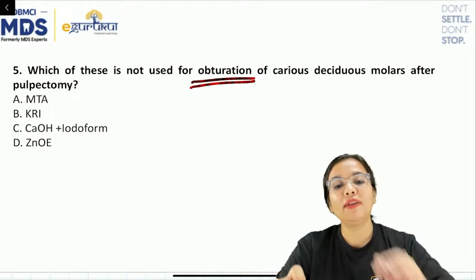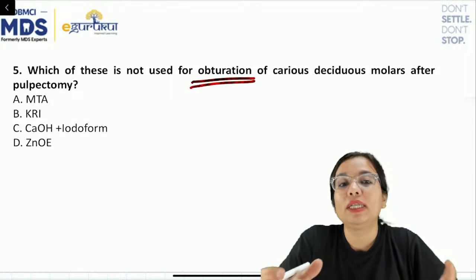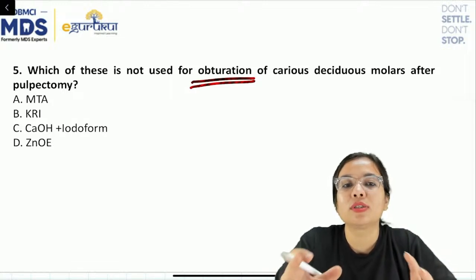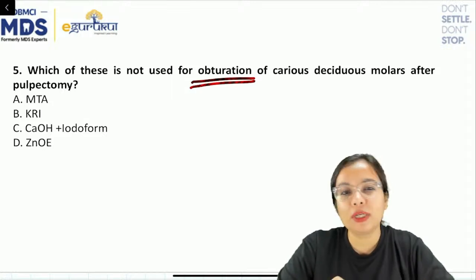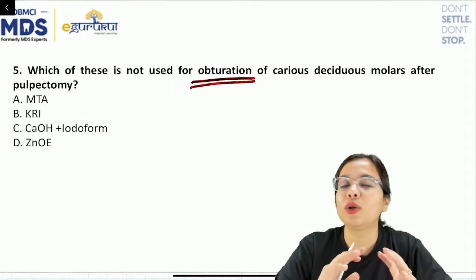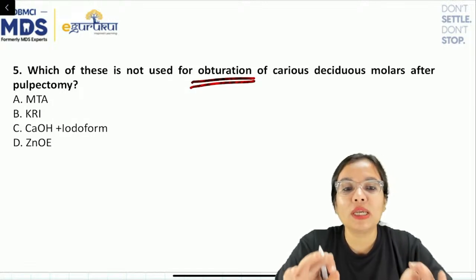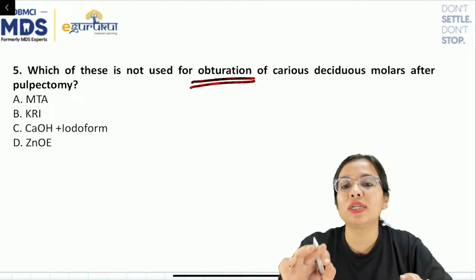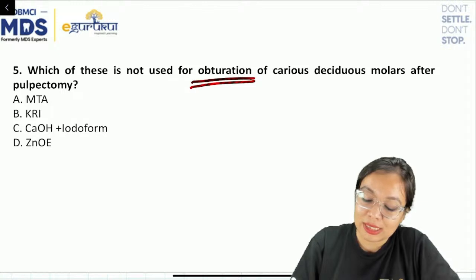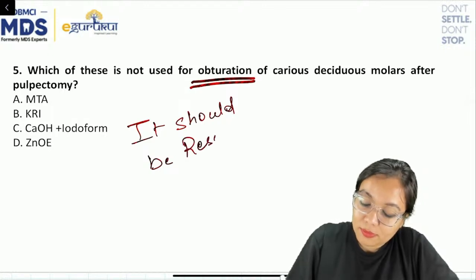Okay, so when we are talking about the obturating materials that are used in the deciduous molars, rest all is okay. It should be biocompatible, it should be radio opaque, it should be sterile, it should be everything. But the most important point for an obturating material that can be used in a deciduous tooth is that it should be resorbable.